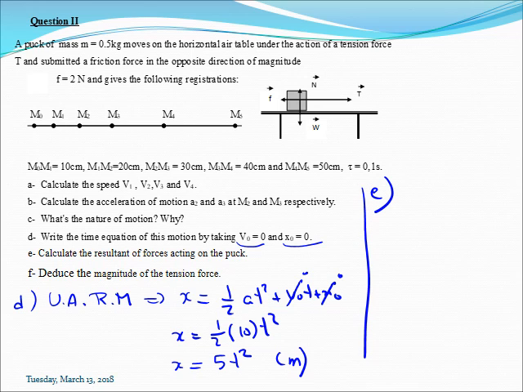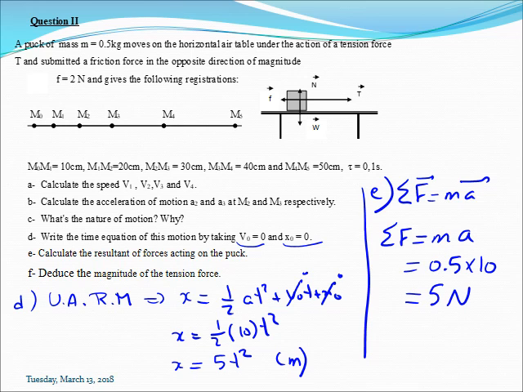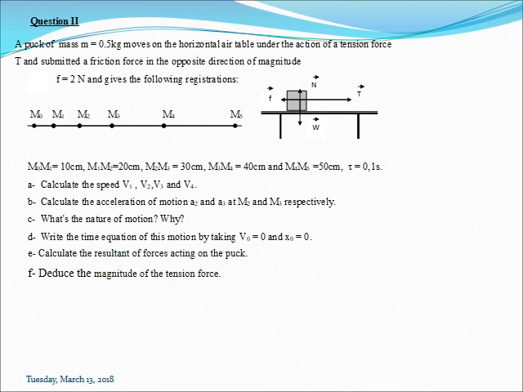Part E. Calculate the resultant force acting on the puck. Resultant force equal ma. So F equal ma equal 0.5 times acceleration 10 equal 5 Newton. F. Deduce the magnitude of the tension force.